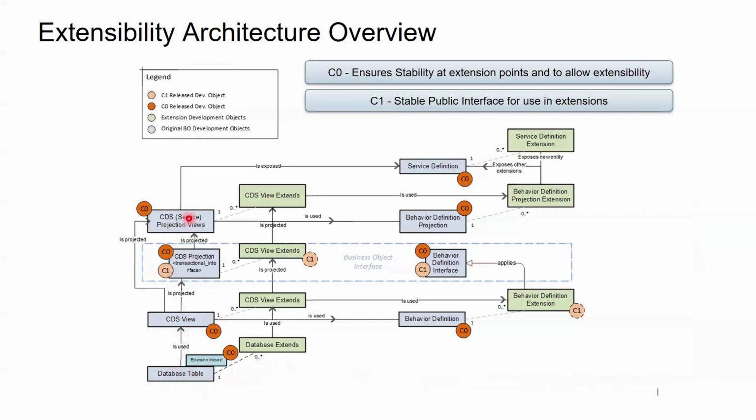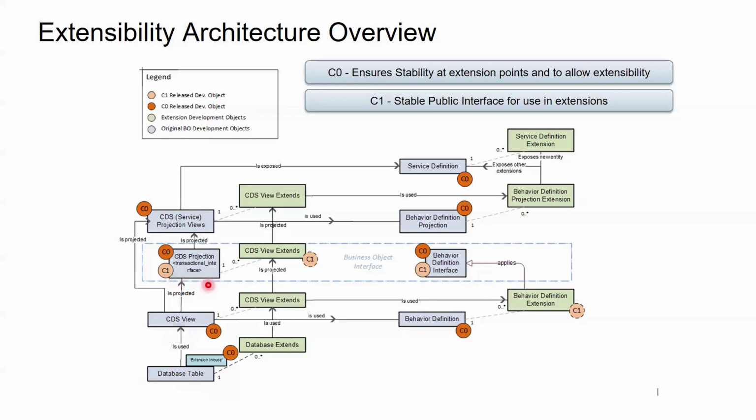The objects in this color are the objects which are delivered by SAP. They create the data modeling, the CDS views, and the projection views, and then deliver the application.